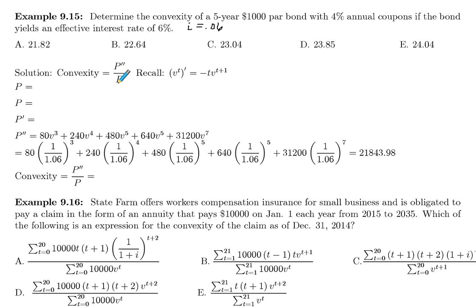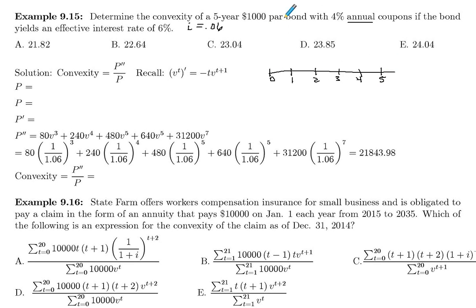So a 5-year, 1,000 par bond with 4% annual coupons. Times 0, 1, 2, 3, 4, and 5. We've got payments at times 1, 2, 3, 4, and 5, and then maturity at time 5.